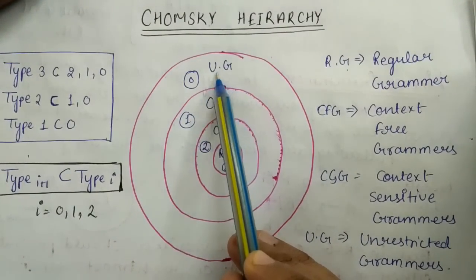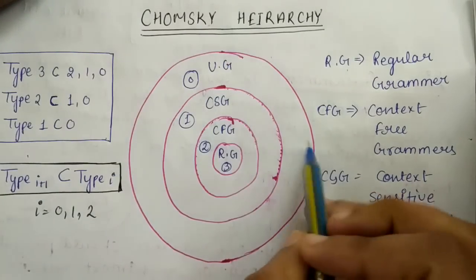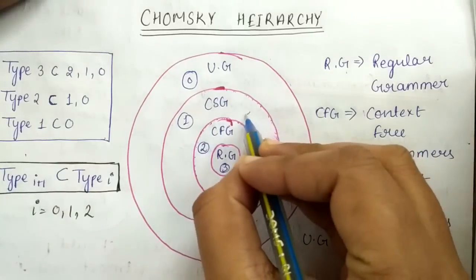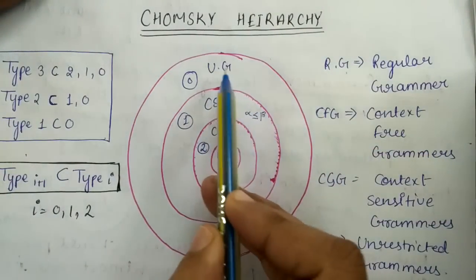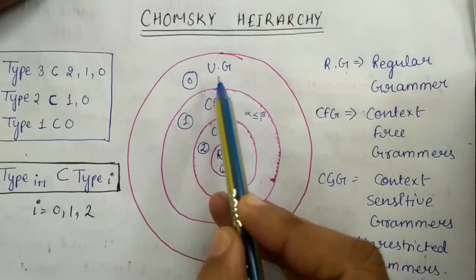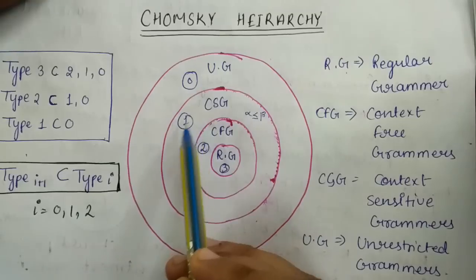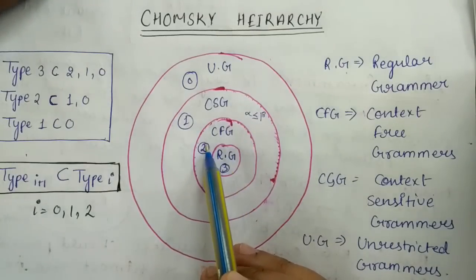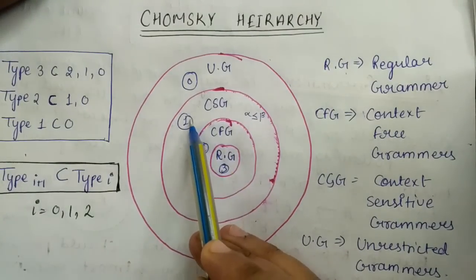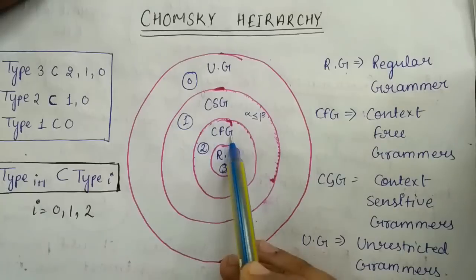Then if we put some restriction on unrestricted grammar, such as that alpha should be less than or equal to beta, then we derive context sensitive grammar. So 1 is derived from 0. And when we put some restriction on context sensitive grammar, then we derive context free grammar.